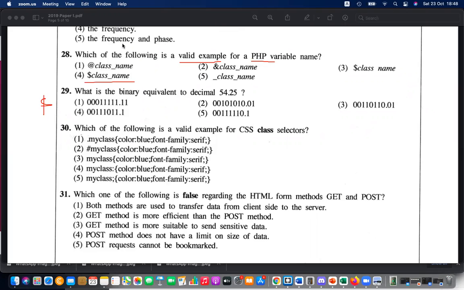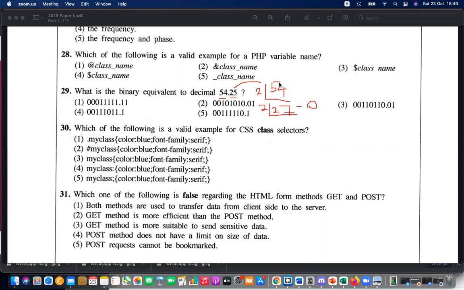Okay, what is the binary equivalent of decimal 54.25? There's a number and a fractional part. The number you have to convert by the regular mechanism, 54. Divide by 2 is 27, remainder 0.